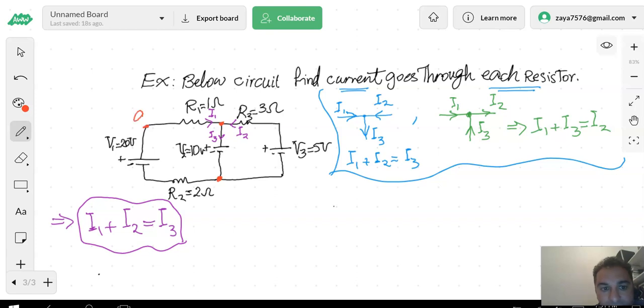So I will say this is A, this point is B, this point is C, all points, the corners, junctions, A, B, C, D, this point is E, A, B, C, D, E, and let's say this point is F.